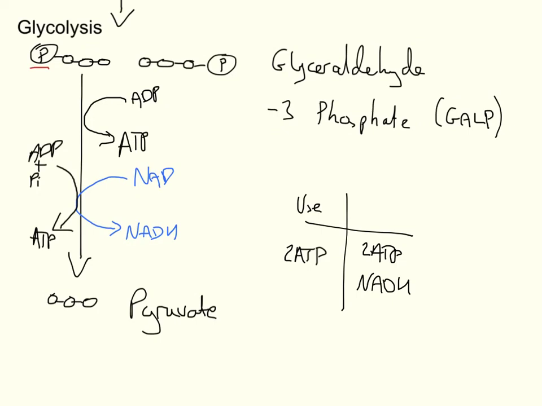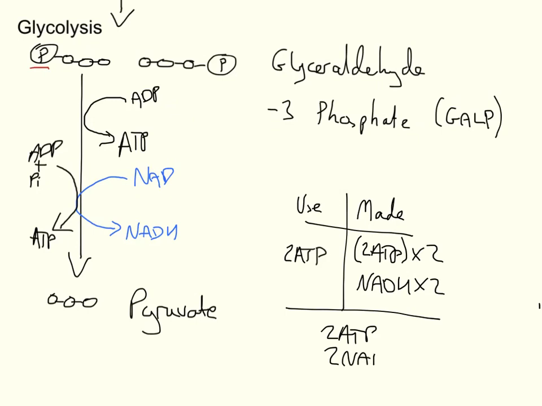So that's our made area. But obviously we have 2 glyceraldehyde 3-phosphates, which means that we have 2 of these reactions occurring. If we have 2 of these reactions occurring, it means we have double the amount formed. So our net, if we take it all into account, is 2 ATP and 2 NADH.